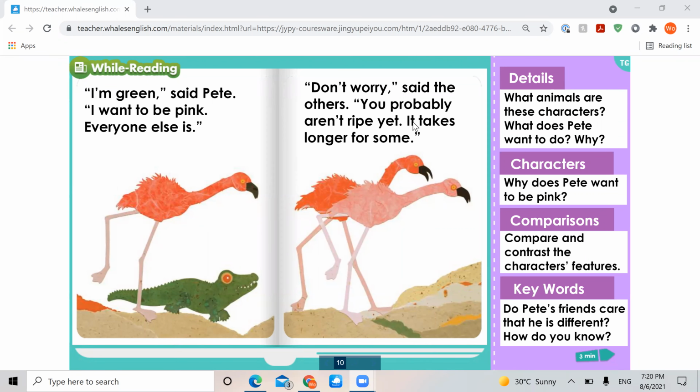Do you think his friends care that he's different? Such good friends, you're right. How do you know they don't care? Yes, they said, don't worry. You probably aren't ripe yet. They want him to feel better.